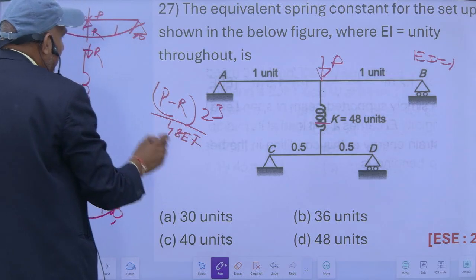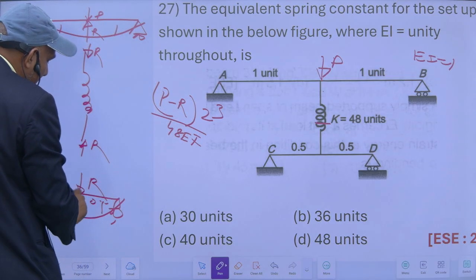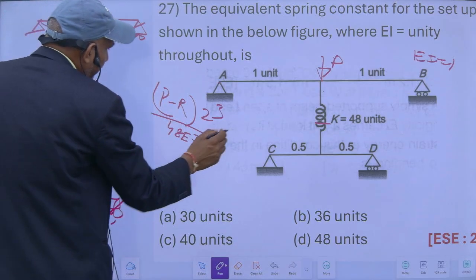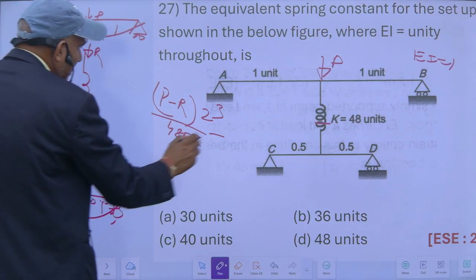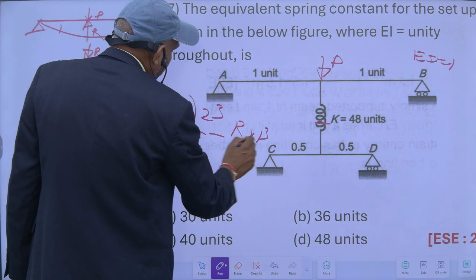So my net deflection, this deflection minus this deflection, this will be R into this length, 1 cubed upon 48 EI.